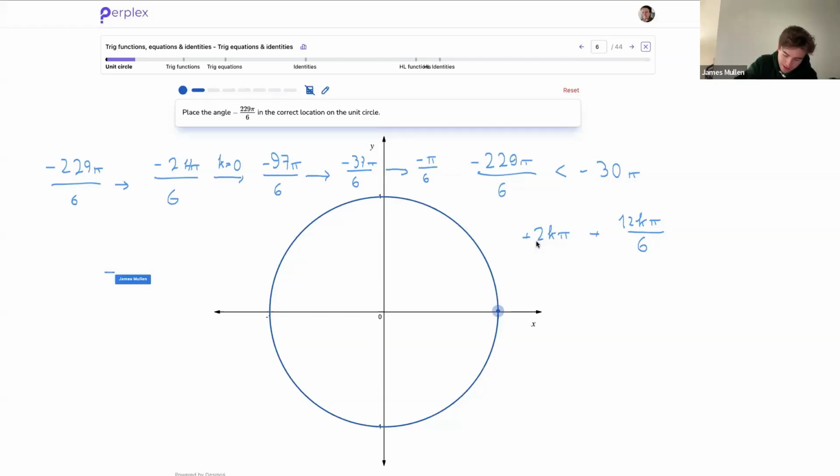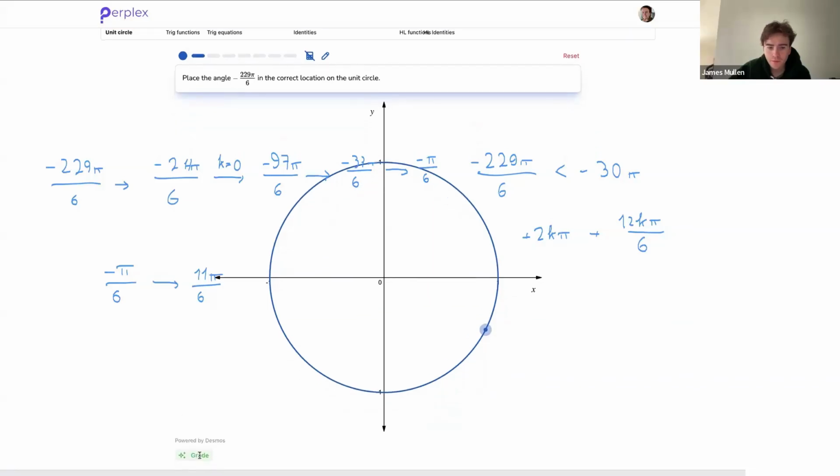All right, and negative pi over 6, if I wanted to add one more time 2 pi or 12 pi over 6, I would get 11 pi over 6 if the positive angles make more sense to you. But 11 pi over 6 or negative pi over 6 is somewhere about here. Okay.